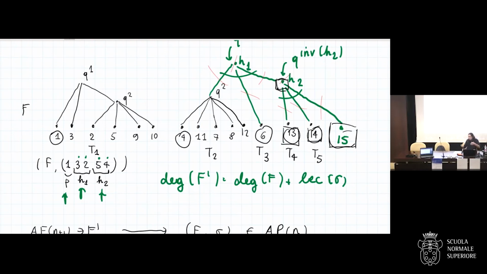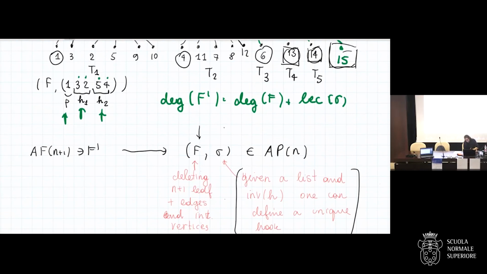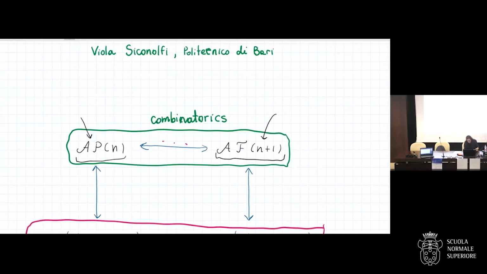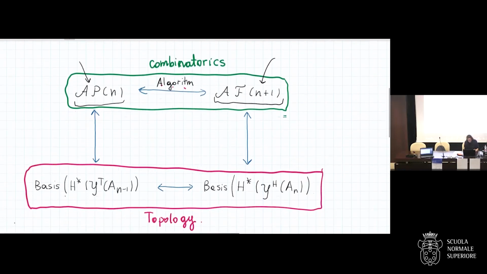And so this is how one can go back and recover the pair F, sigma given a certain forest F prime. Okay, so what we did so far is studying the bijection between these 2 families of combinatorial objects.